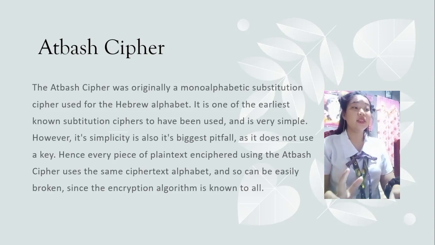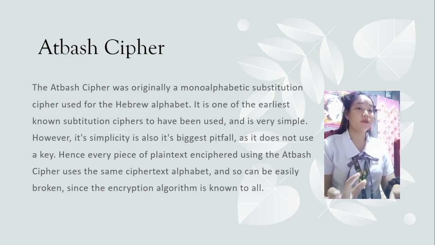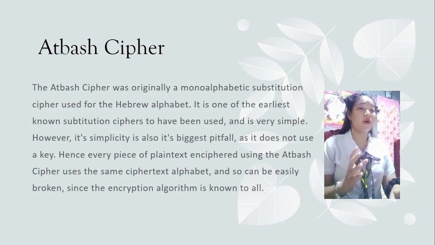However, its simplicity is also its biggest pitfall, as it does not use a key. Hence every piece of plain text enciphered using the Atbash cipher uses the same cipher text alphabet and so can be easily broken since the encryption algorithm is known to all.